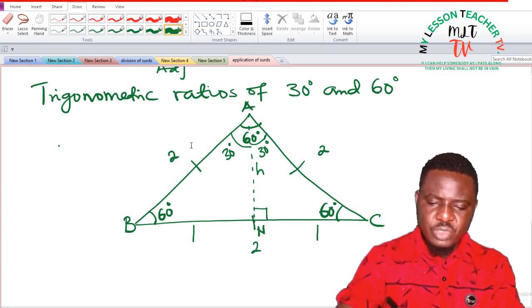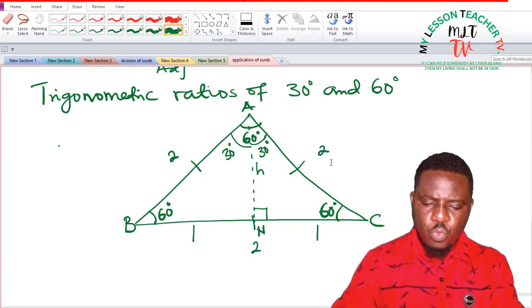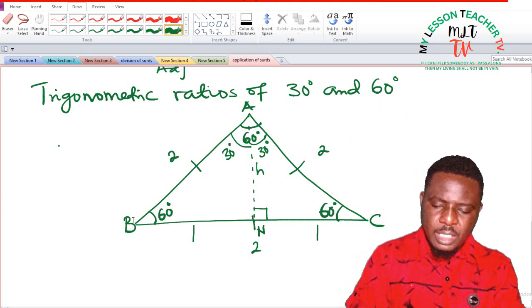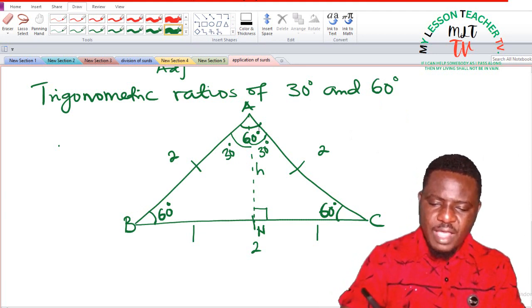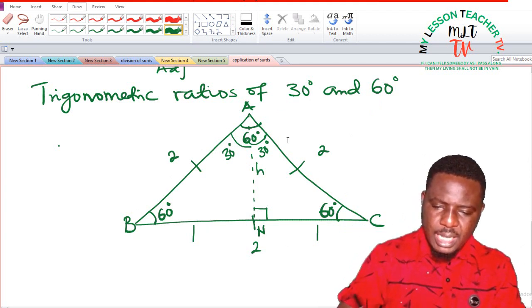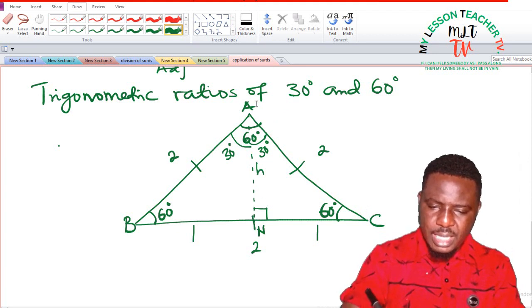So in order for us to get the trig ratios of these special angles, we need to as well get to know the dimensions of every side. We have that of AB, BN, NC, and AC. But what is the length AN?